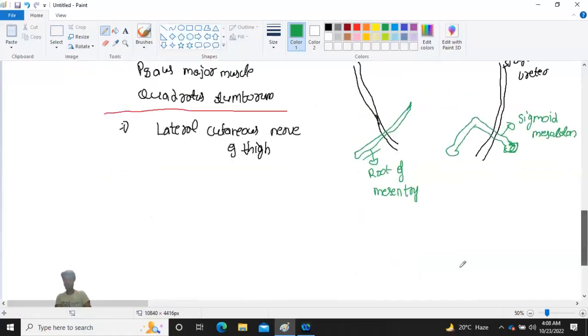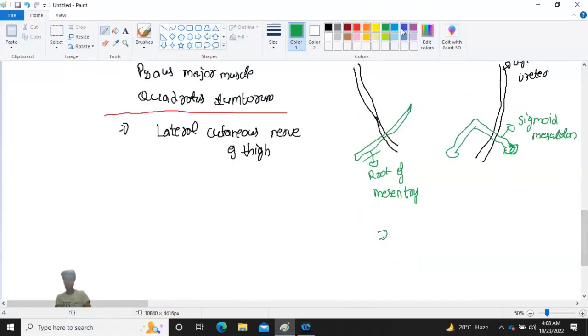We can write another: cecum, intestine coils, and all.